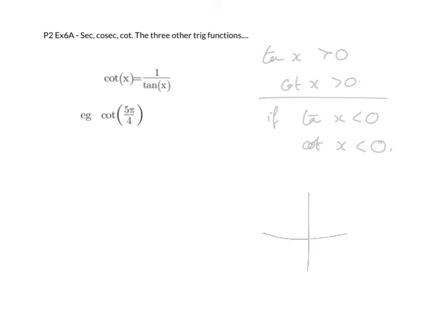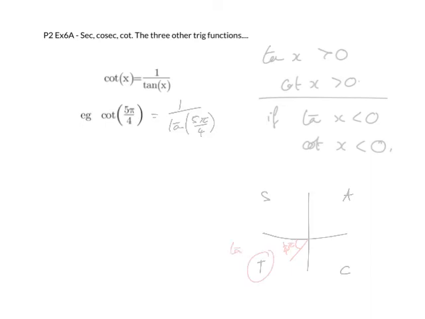We are going to be thinking, not about what cot of 5 pi over 4 is, but what tan 5 pi over 4 is. We use our CAST diagram to do this. Pi is a straight line, remember, so we are down in the bottom left quadrant, 1/4 of pi past it.